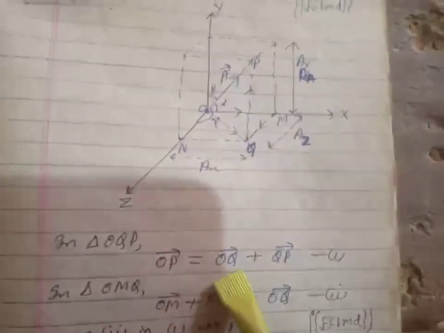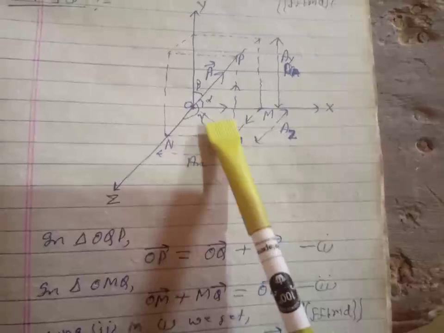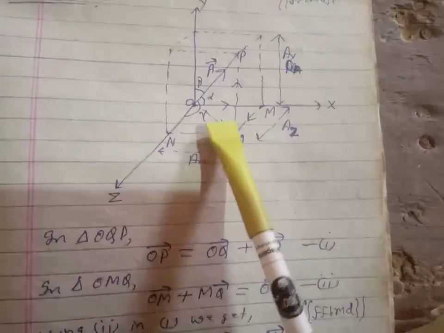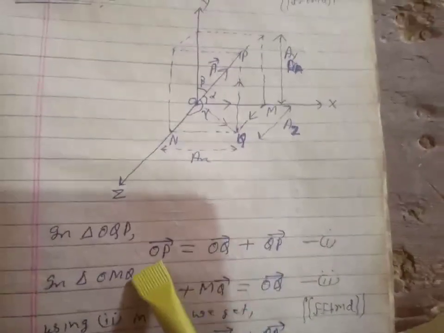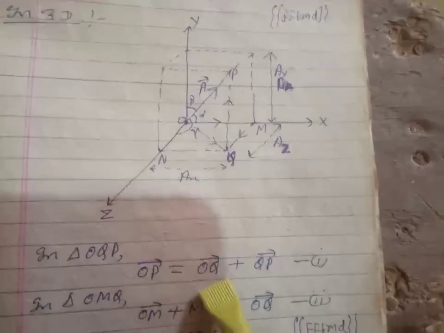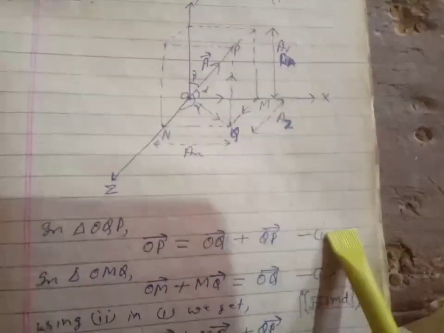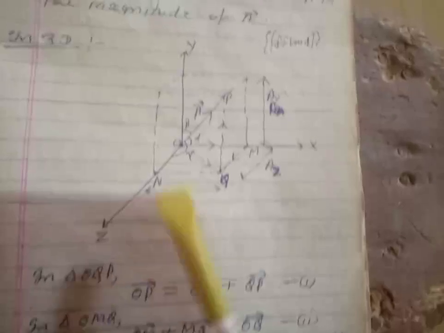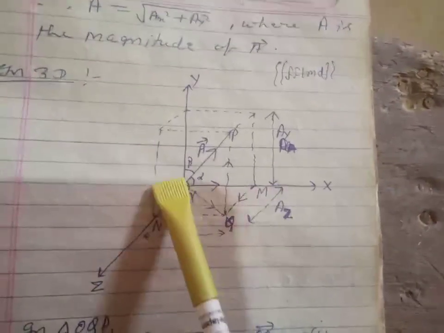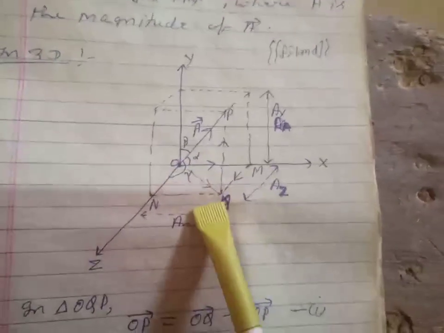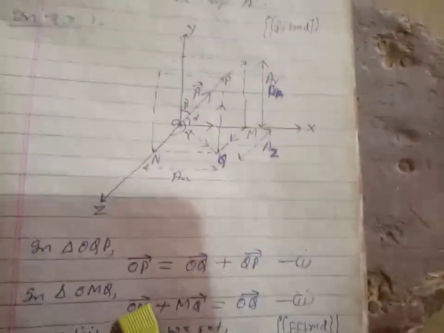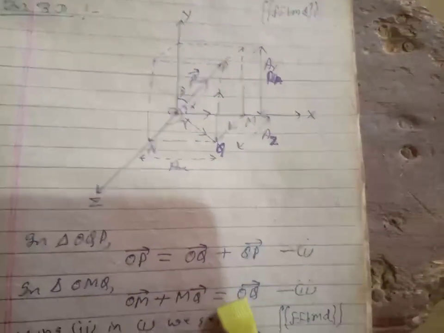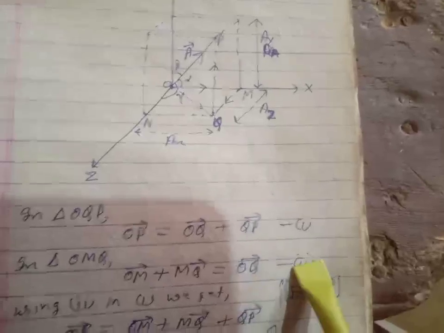According to this triangle, vector OP equals vector OQ plus vector QP, equation 1. In triangle OMQ, we can write vector OM plus vector MQ equals vector OQ, equation 2.